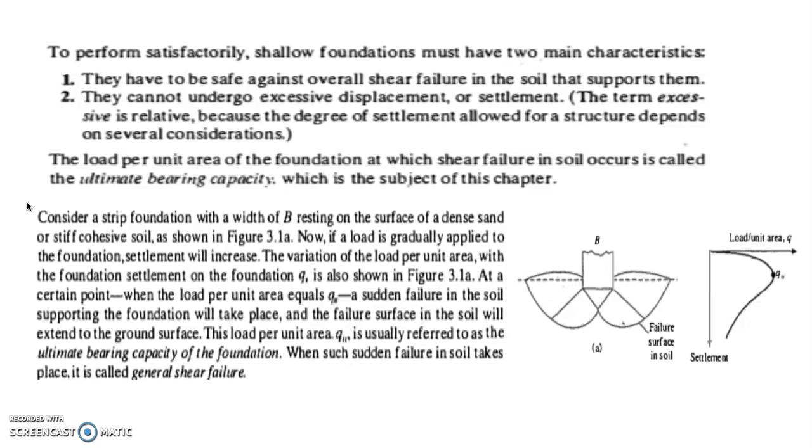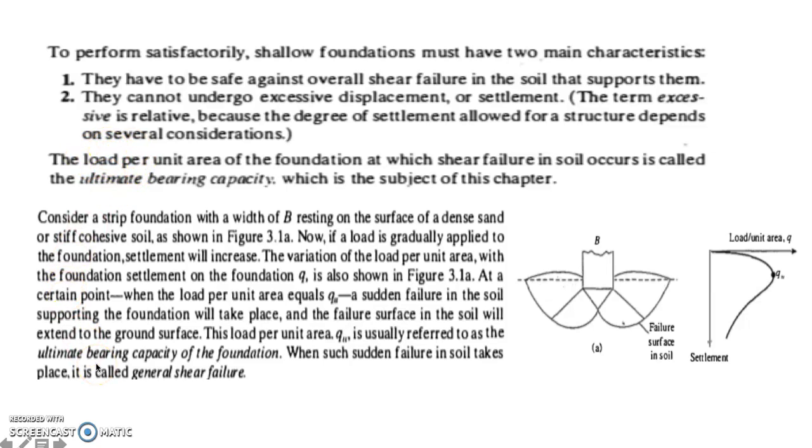Shear failure occurs along a plane when the shear stress exceeds the strength of the soil. Meaning to say, if the load that is being carried cannot be resisted, there will be an occurrence of shear failure. So we have three types of shear failure.